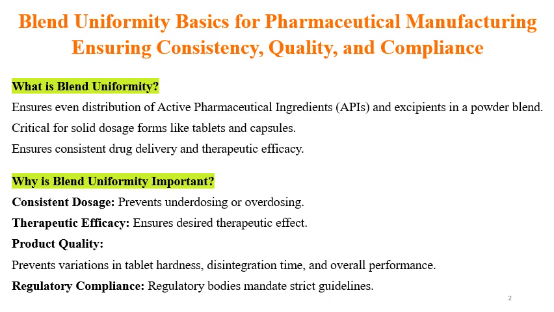It prevents variations in the tablet content uniformity, hardness, DT time, and overall performance. Because if blend uniformity is not there, that means some excipients might be more in one tablet or lesser in another tablet. So it will also affect the hardness, disintegration, and other parameters.